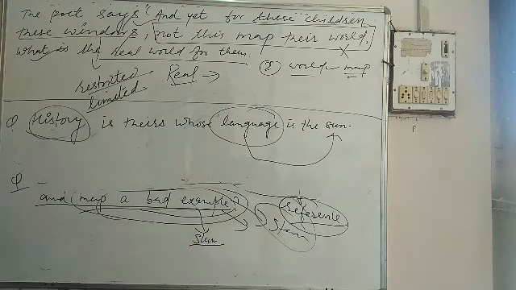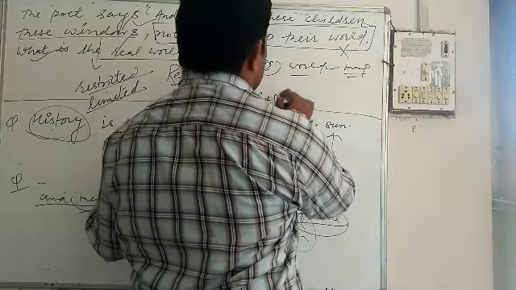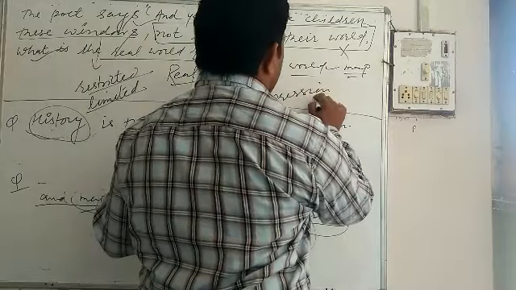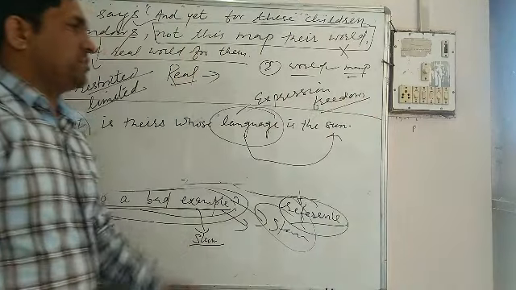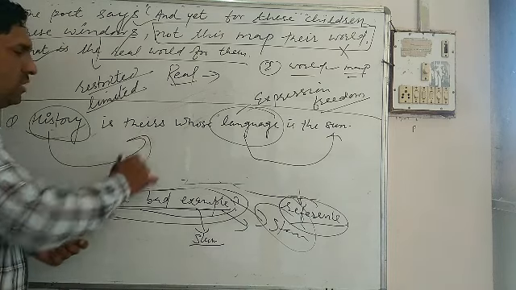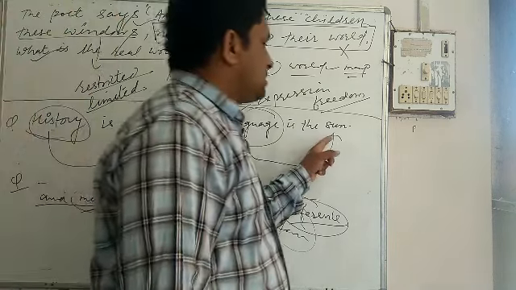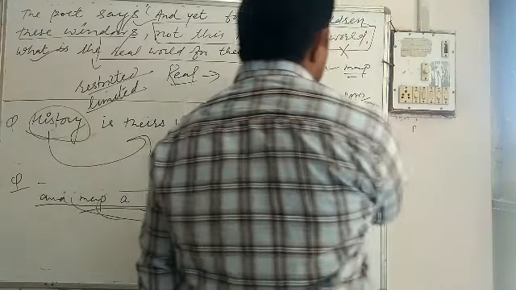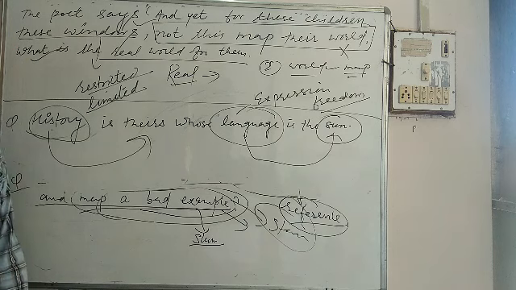So the poet wants to say it is the matter of expression, freedom, and eloquence. So history is theirs. Only those persons can create history whose language is just like the sun. Here sun is a metaphor, language is equal to sun.